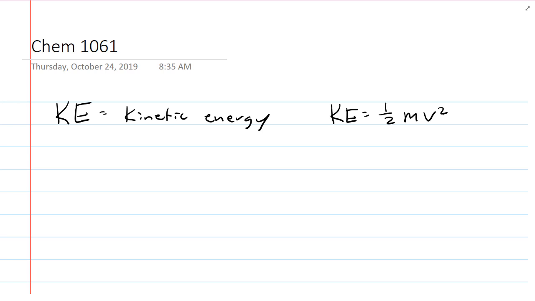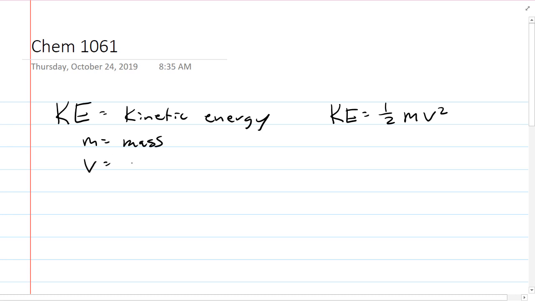So speed is just magnitude, or the size of the value. Velocity has both magnitude and direction. If you take physics, you use vectors to describe velocity. So V here stands for speed. M is the mass. V is the speed. And again, speed is not the same as velocity because velocity also has direction associated with it.